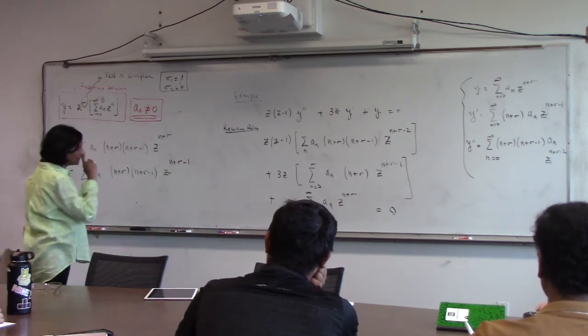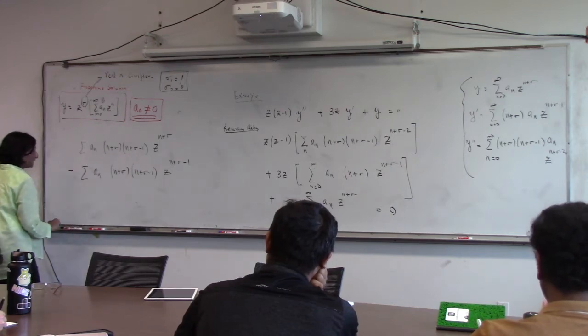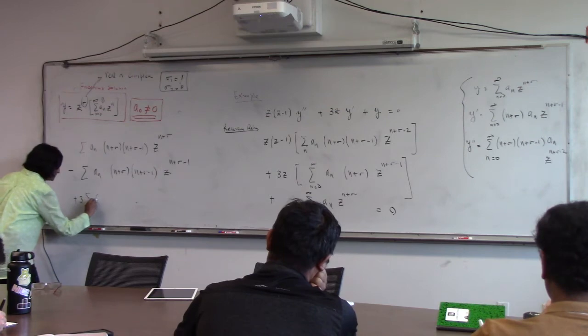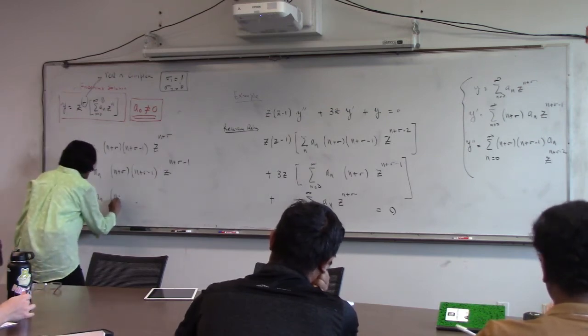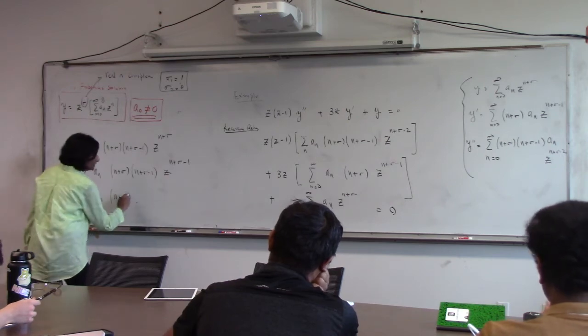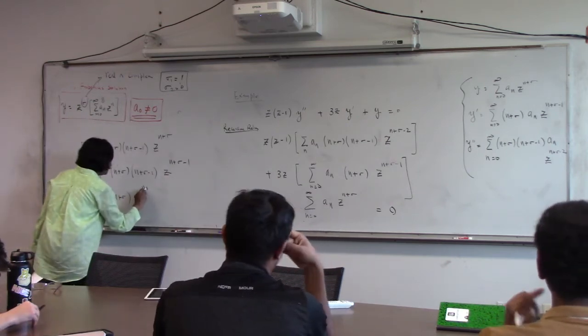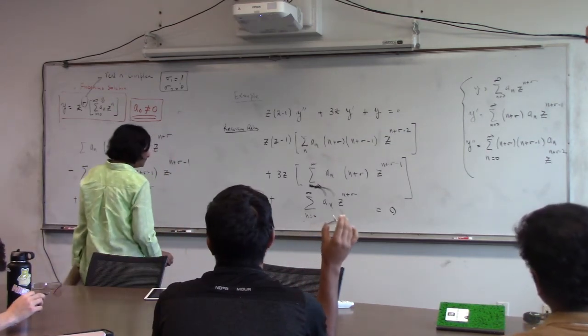Z times that, I can reduce that power by 1, I think. Then I have plus 3 times a sub n, n plus sigma, z to the power of n plus sigma, that z can be pulled inside, right? So that will be that term.